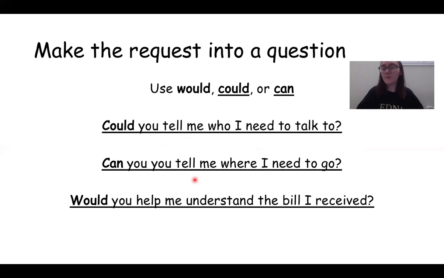Can you tell me where I need to go? Would you help me understand the bill I received? So if you're calling them on the phone, instead of saying, I don't understand my bill, you could say that. But when you're trying to be polite, you could say, would you help me understand the bill I received or the bill I got?